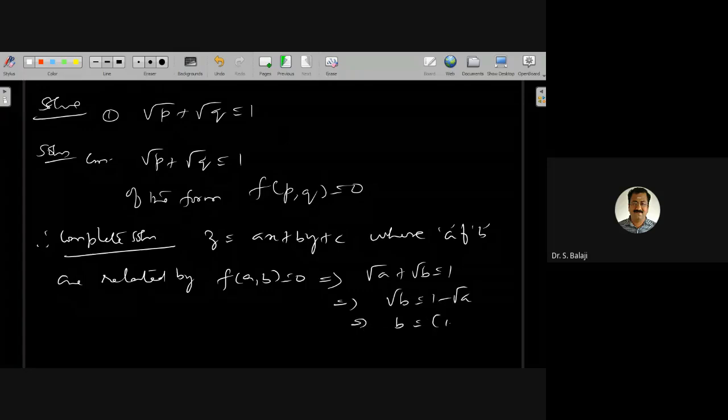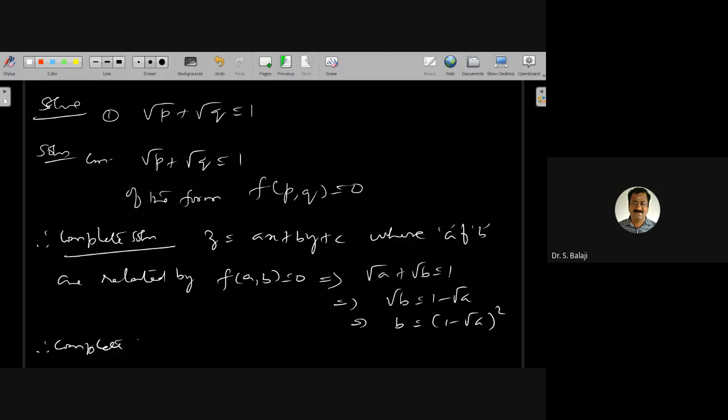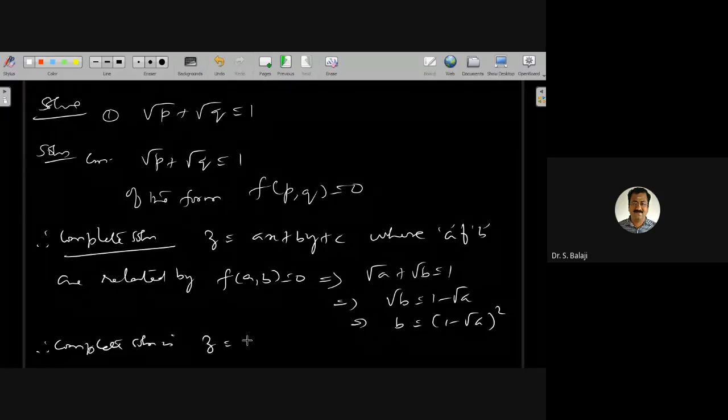Squaring both sides, b can be written as 1 minus root a whole square. Therefore, the complete solution is z equal to ax plus 1 minus root a whole square y plus c.